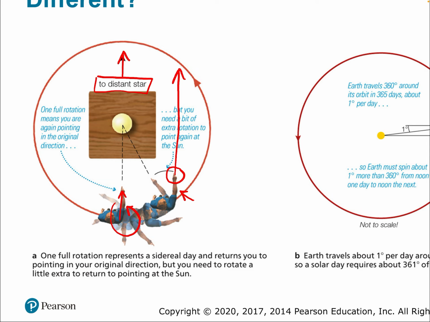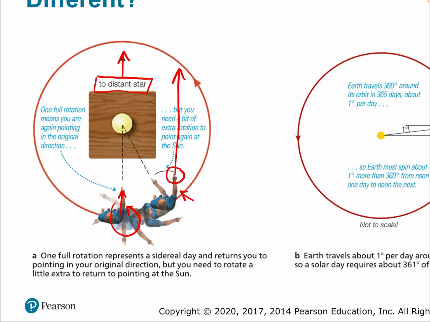But notice that that full turn means that this person's arm is no longer pointing towards the sun as it started. You see, we have to turn a little bit more, 4 minutes more of rotation, to be pointing back at the sun, because now we have completed a solar day. Okay, so that extra bit is a solar day.